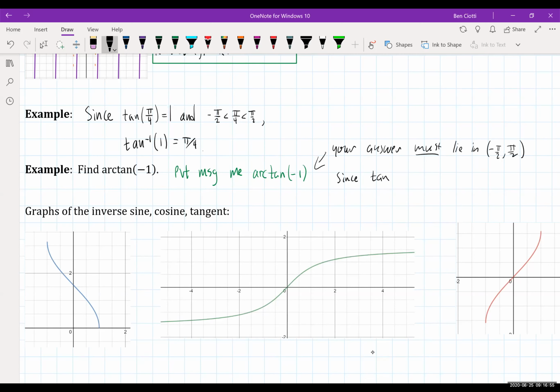Since tan of negative pi over 4 is negative 1 and negative pi over 4 is inside that interval, arctan of negative 1 equals negative pi over 4.